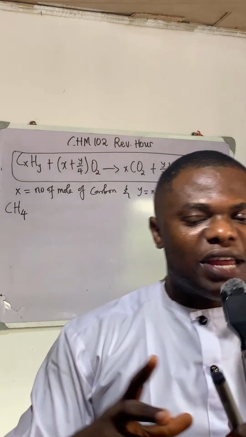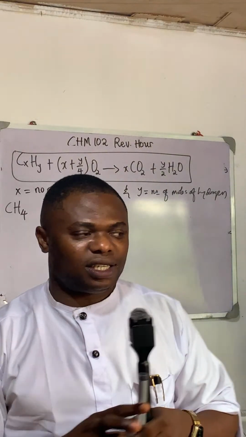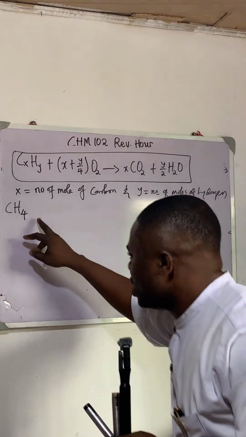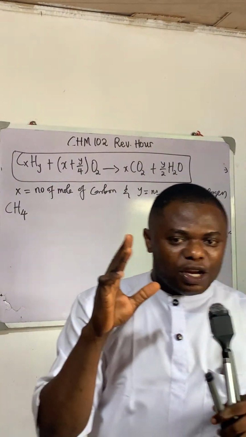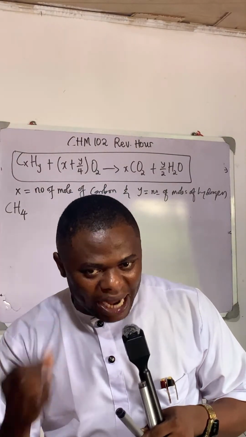In the exam, if they ask you why methane is called marsh gas, I hope you have something to tell them. Because it is always gotten from what? A marshy area through the bacterial decomposition of what? Vegetable matter.